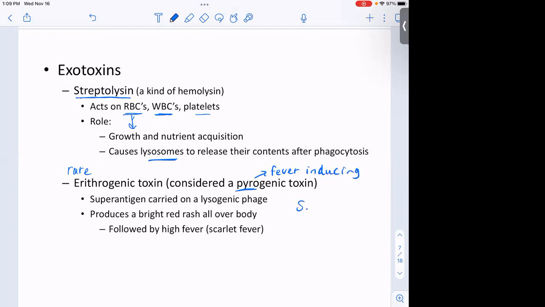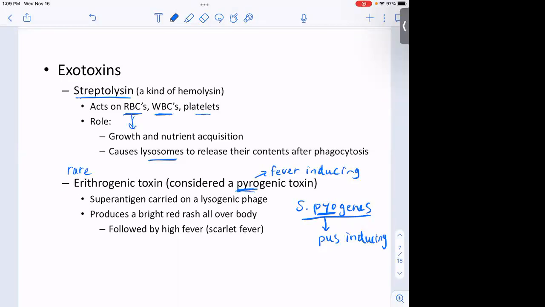Okay, so strep pyogenes, I don't think I mentioned this before, this pyo means pus inducing. It's a very commonly misspelled organism. A lot of students want to put an R in there. So pyo means pus forming. We'll talk about when it forms pus in a minute, but it also can induce fever.